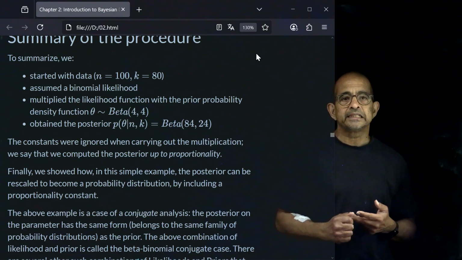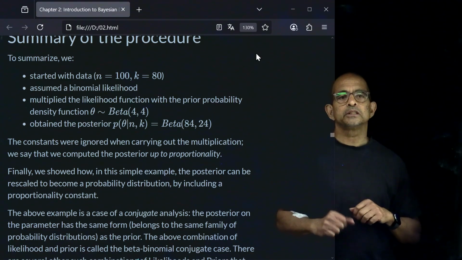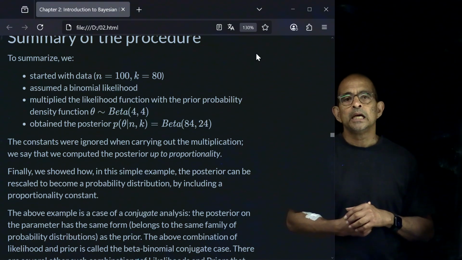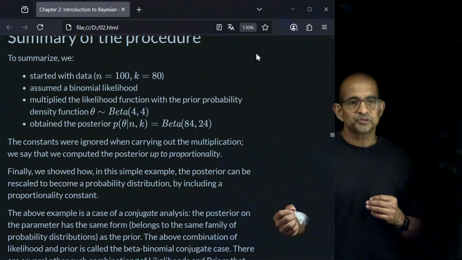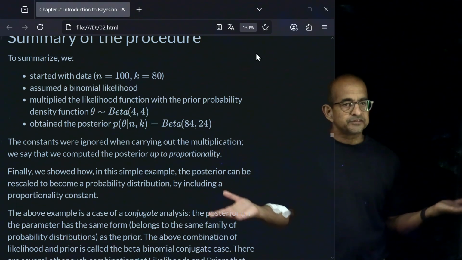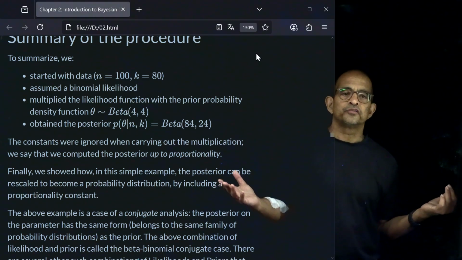We multiplied the kernel of the likelihood function with the kernel of the prior probability density function. And we obtained the kernel of the posterior distribution up to proportionality, and that gives us the posterior distribution of the theta parameter.